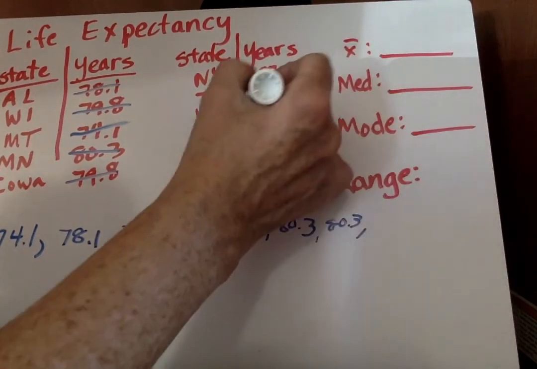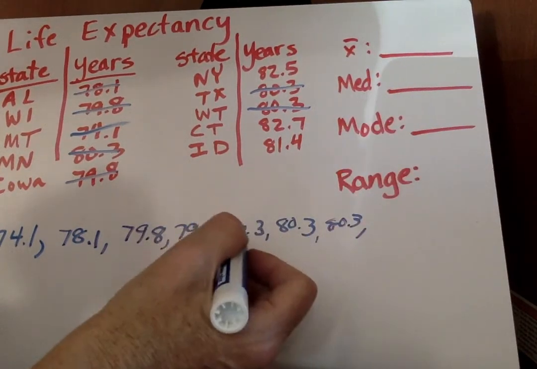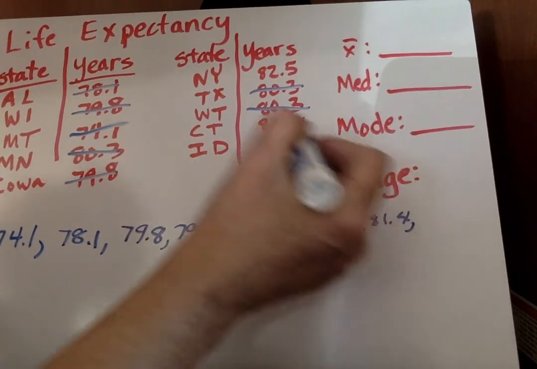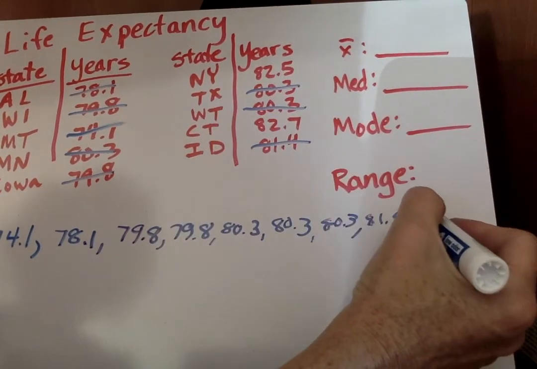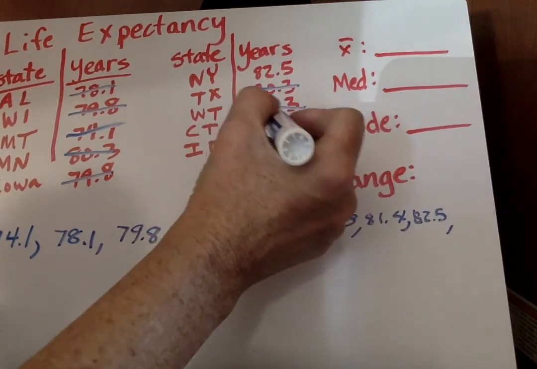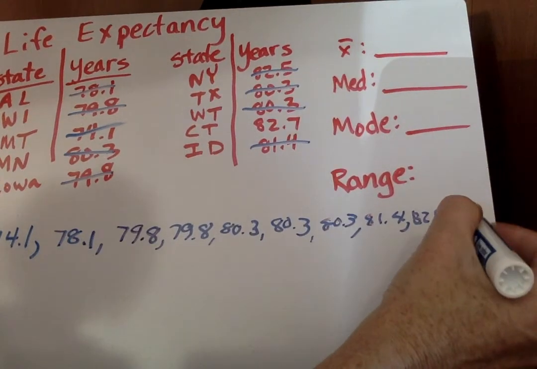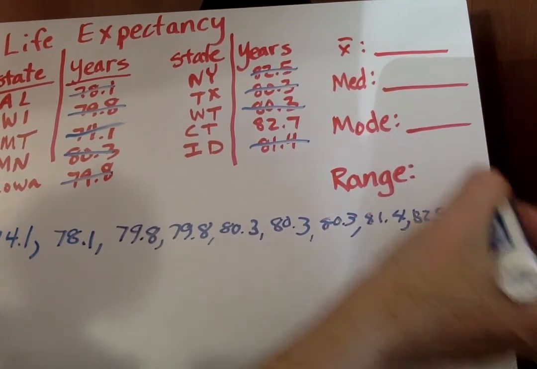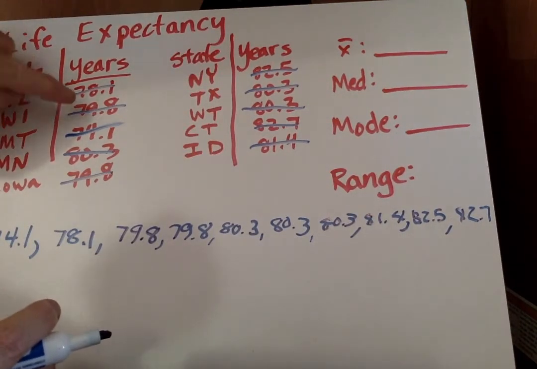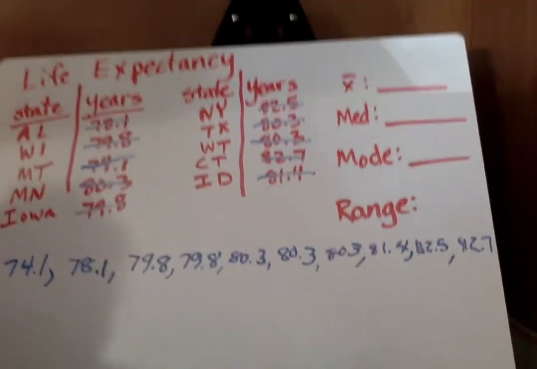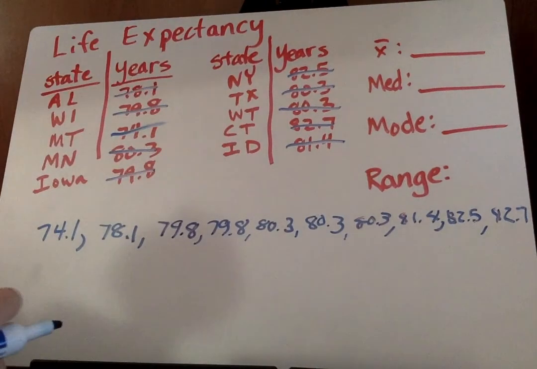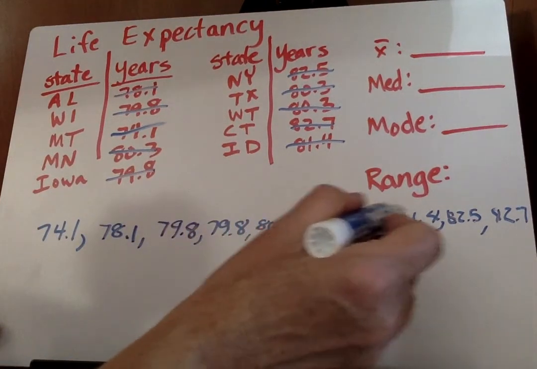And then 80.3s, then 81.4, 82.5, and 82.7. Okay. Sometimes I'll go back and count: 1, 2, 3, 4, 5, 1, 2, 3, 4, 5. So there should be 10 numbers. 1, 2, 3, 4, 5, 6, 7, 8, 9, 10.